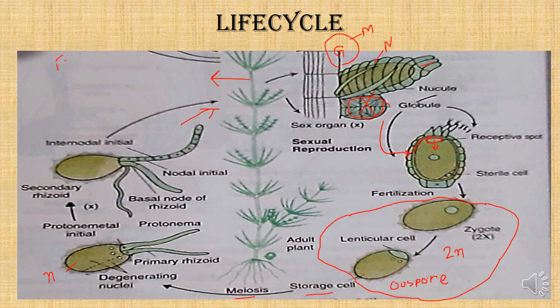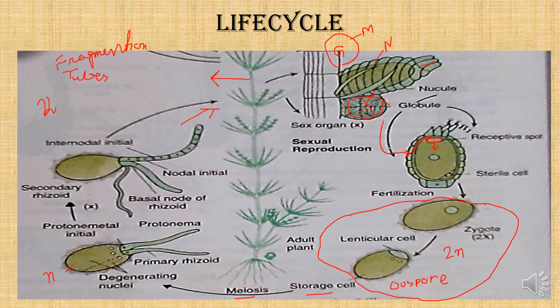But if we see vegetative reproduction, then there are three types of vegetative reproduction. One is fragmentation. There is again secondary protonema and tuber. Pardon my bad handwriting.